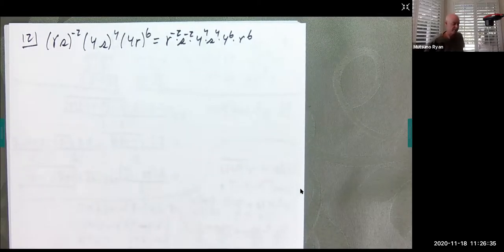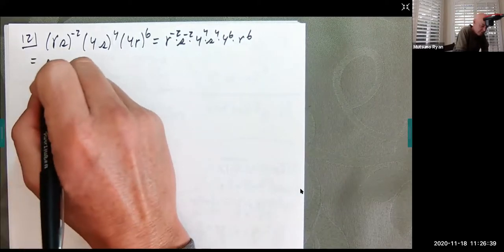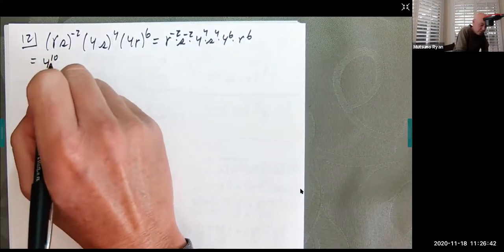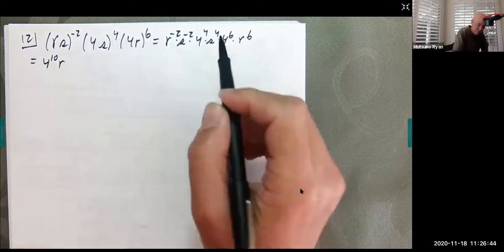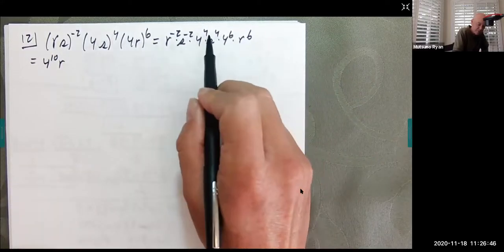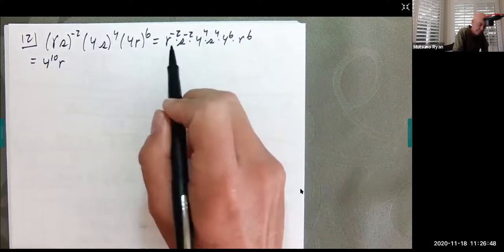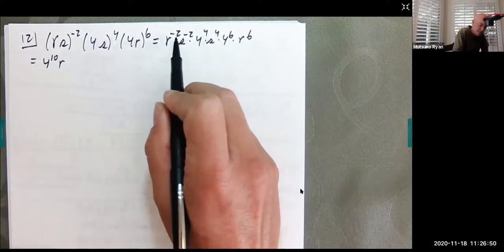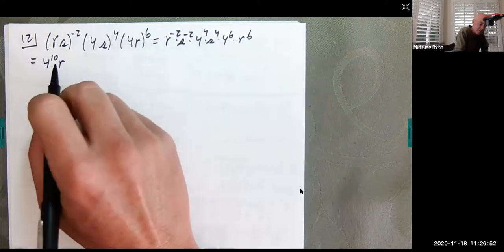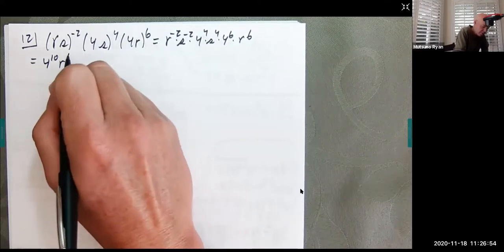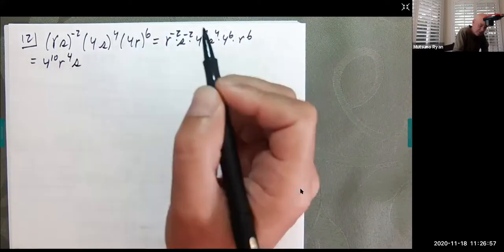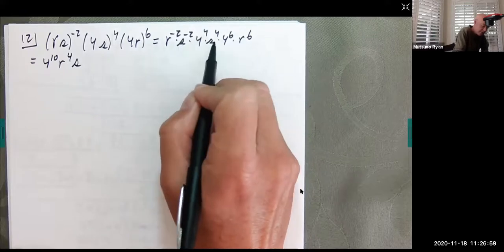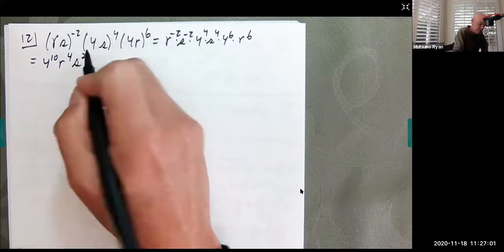And now I'm going to combine them up, which means I'm adding the exponents. So 4 to the 4th times 4 to the 6th, 4 plus 6 is 10. R to the -2 times R to the 6th is going to give me R to the 4th. S to the -2 times S to the 4th is going to be S to the 2nd power.